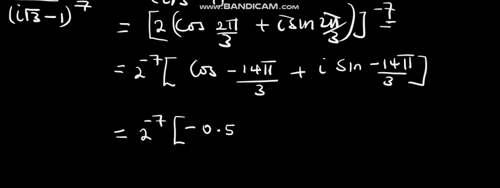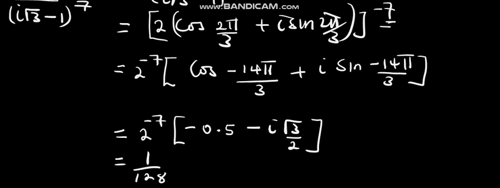It will be minus i√3 out of 2. And we shall open our brackets. What is 2 to the power negative 7? This one will be 1 out of 128, then times negative 0.5 minus i√3 out of 2.